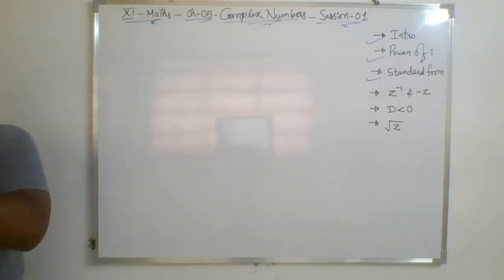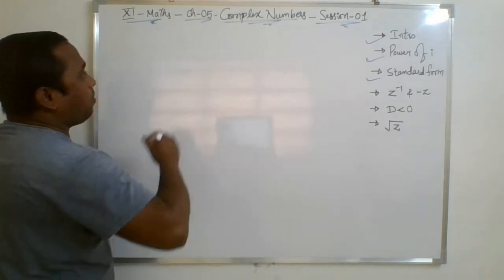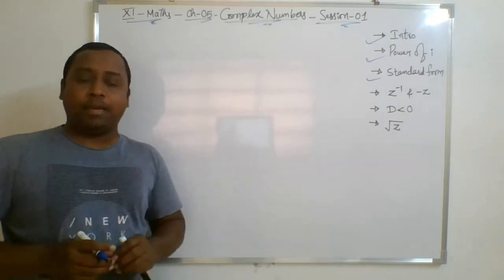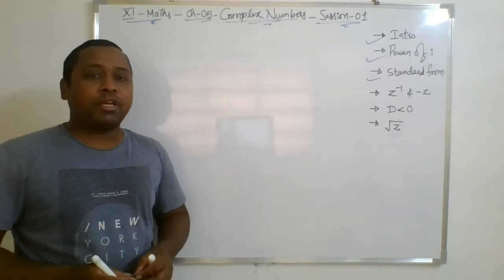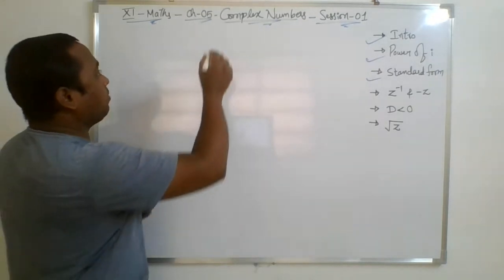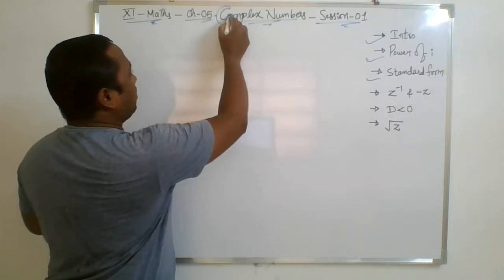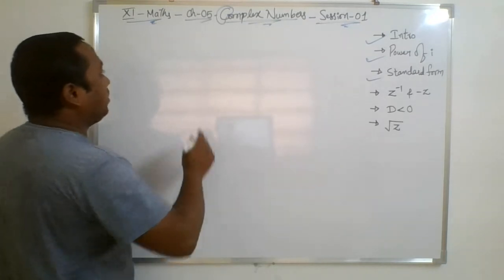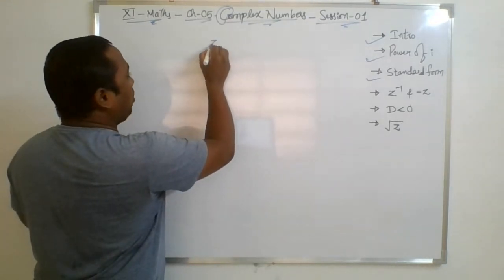Fine. What is the standard form of a complex number? So basically real numbers are denoted by capital R. Here the complex numbers are denoted by capital C, but specifically it is denoted by a small z.